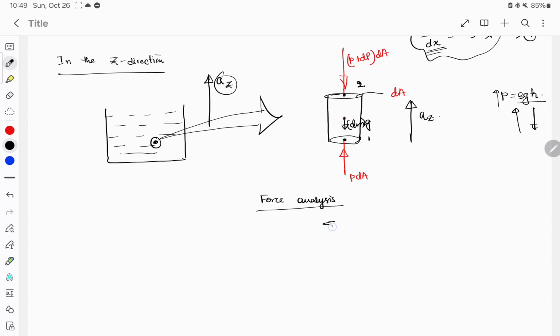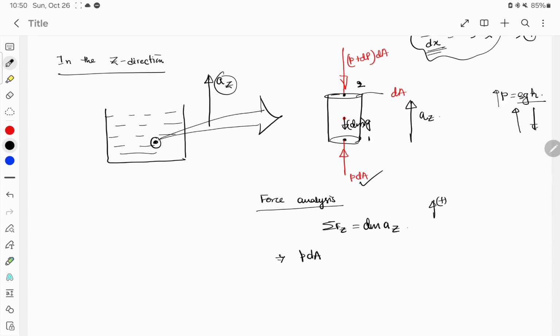Summation of all the forces in the z direction, by Newton's second law of motion, will be dm into az. Now this fluid is not static, so we cannot say summation of all the forces in the z direction is equal to 0. This direction is positive because acceleration is in that direction.